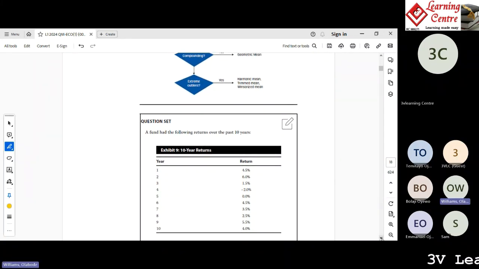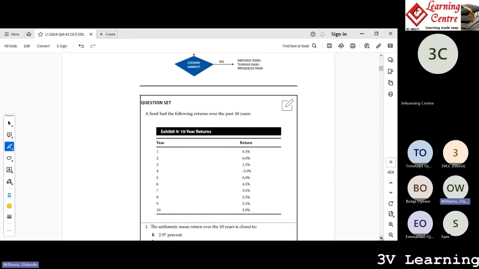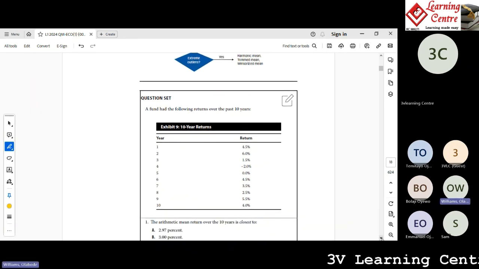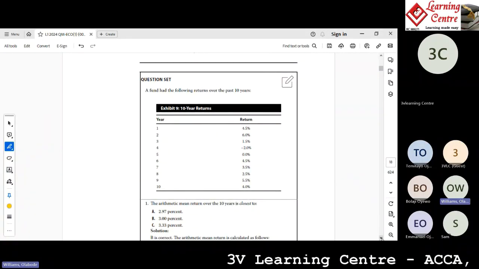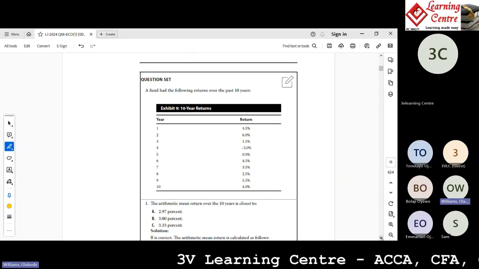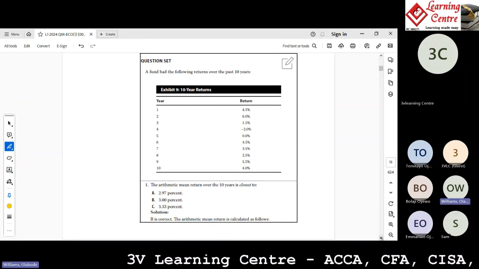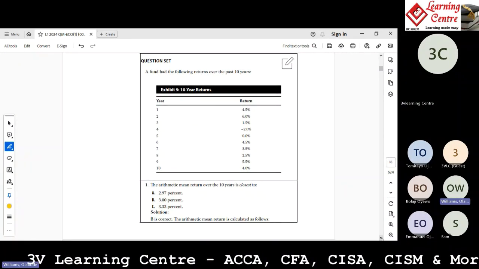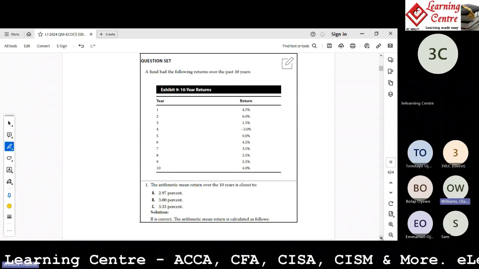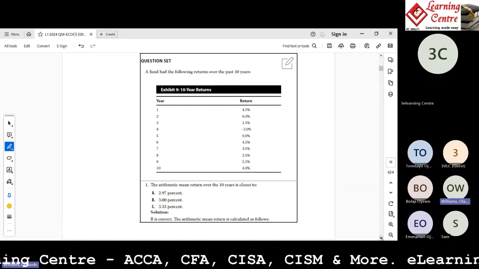Here's a question. If one has the following returns over 10 years, the arithmetic mean return over 10 years is closest to. I've mentioned this before. You can see that this is the question at the end of discussing arithmetic, geometric, and harmonic. You can see how the questions are coming.